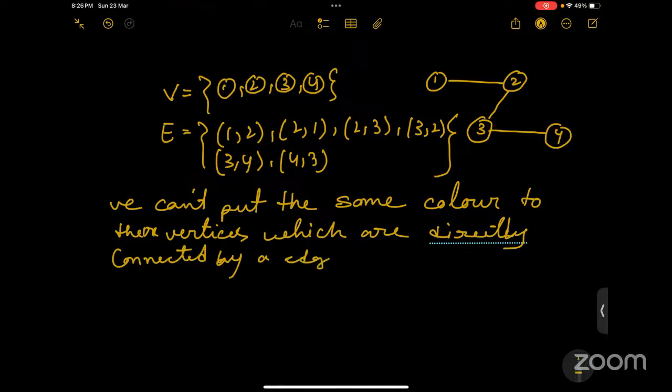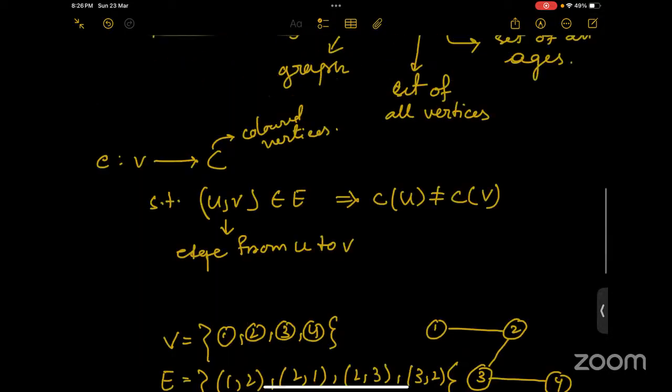Okay. So now we considered the coloring problem as a function C.